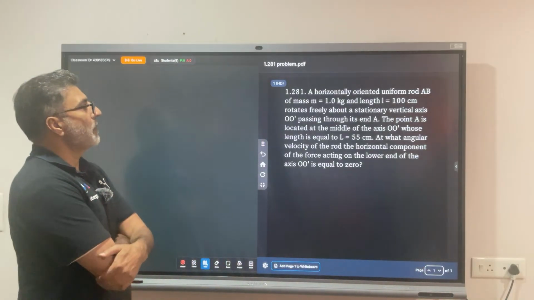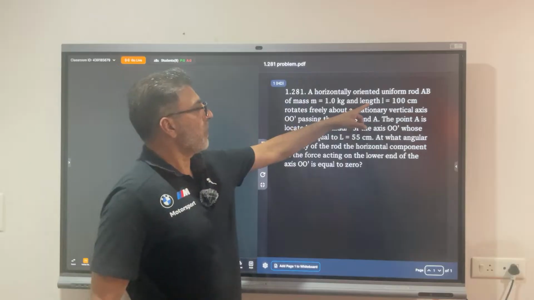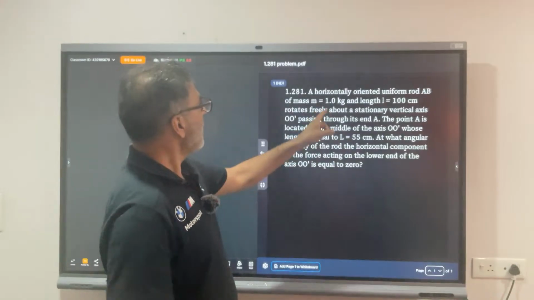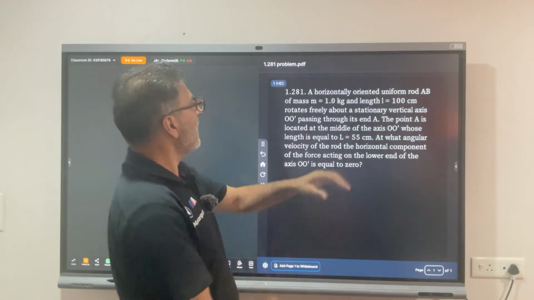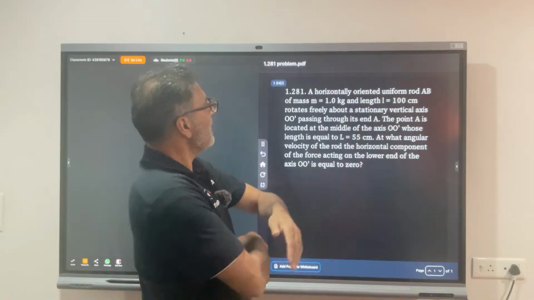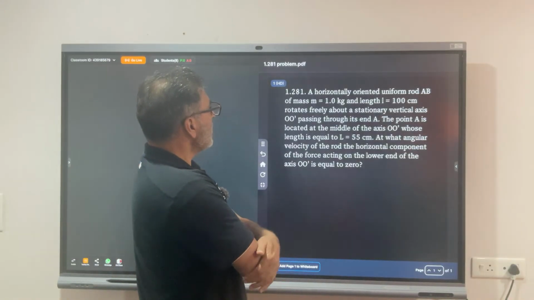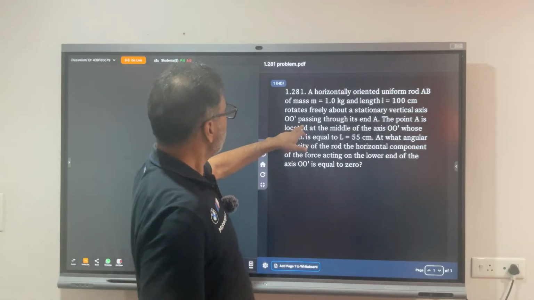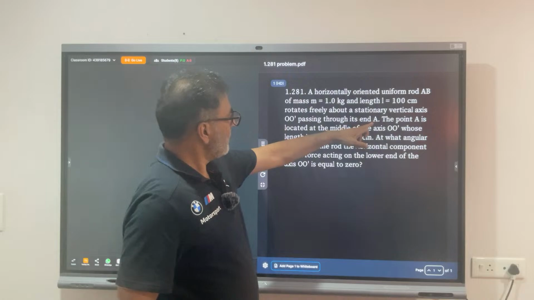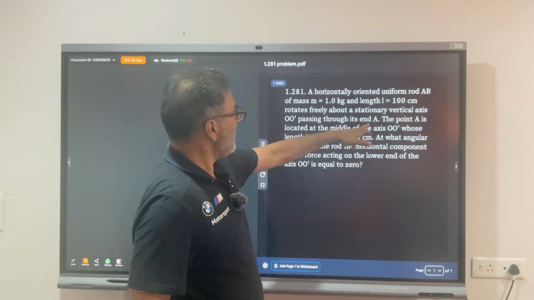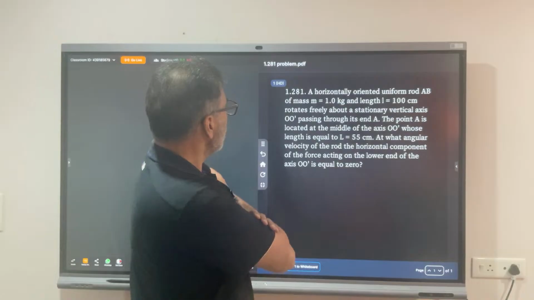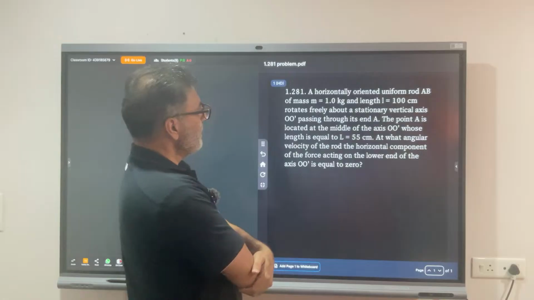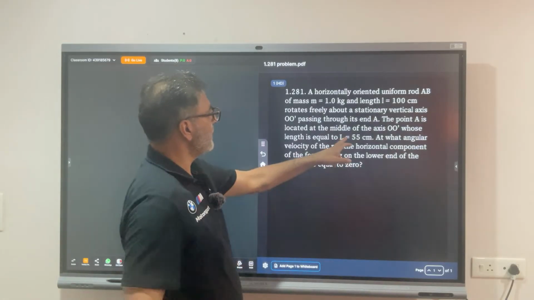So this is the problem. A horizontally oriented uniform rod AB of mass m equal to 1 kg, and length L equal to 100 centimeters, rotates freely about a stationary vertical axis OO prime, passing through its end, point A. The point A is located at the middle of the axis OO prime, whose length is equal to L0 equal to 55 centimeters.